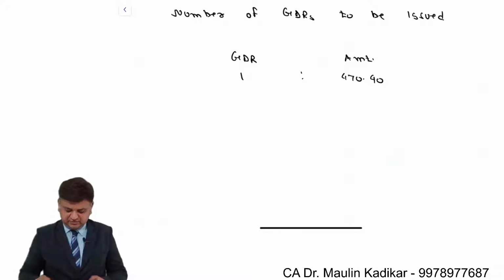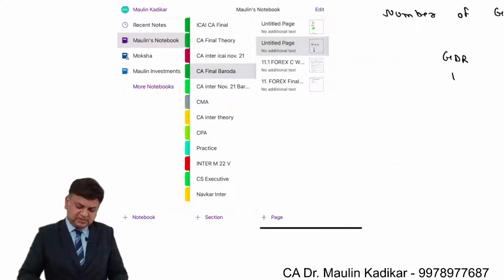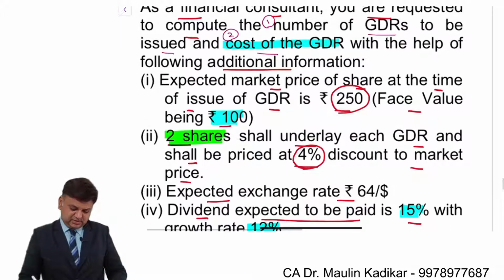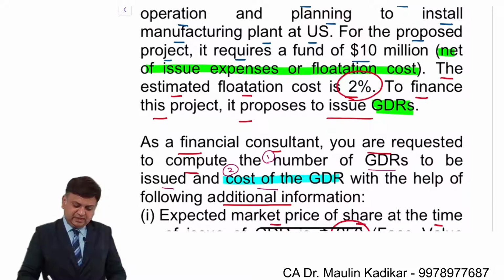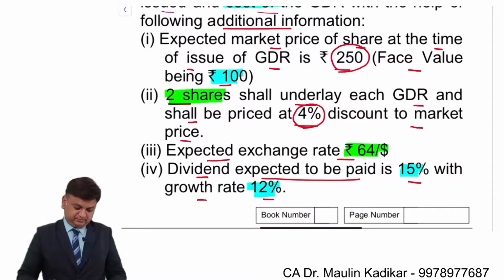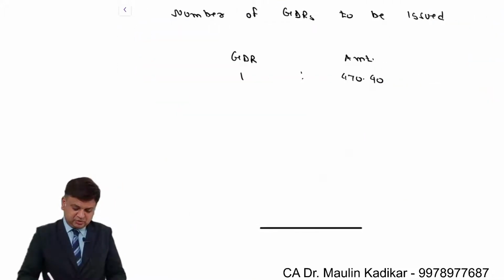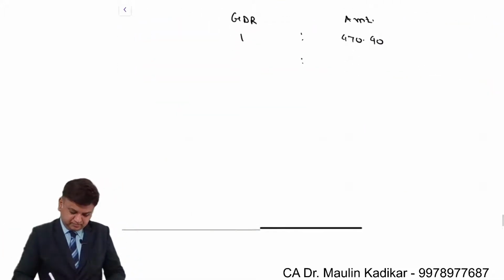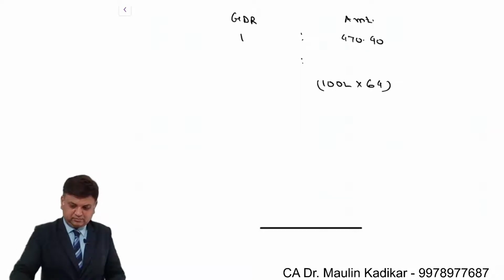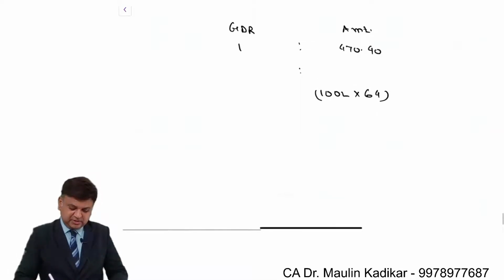The information provided is that the amount we require is $10 million, and the exchange rate is 64 rupees. 1 million is equal to 10 lakhs, so 10 million is 100 lakhs into 64. So it comes to 6,400 lakhs. This is the amount which you require.